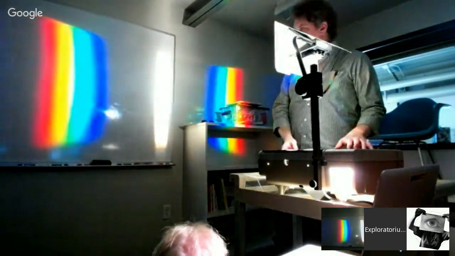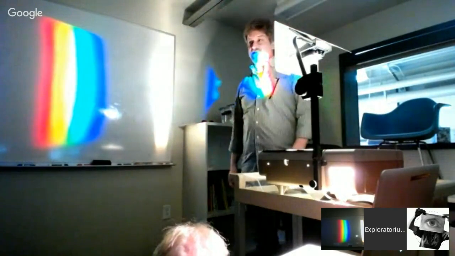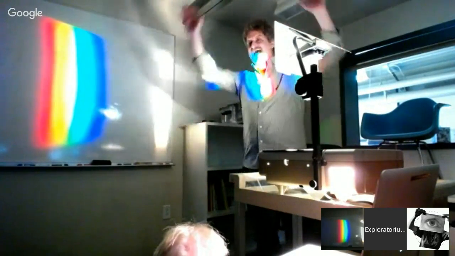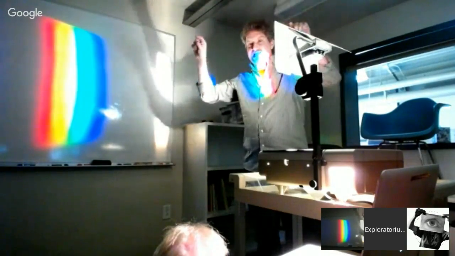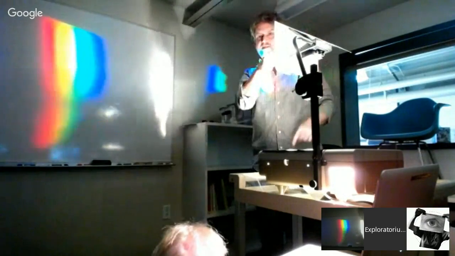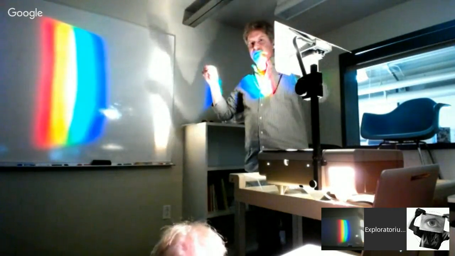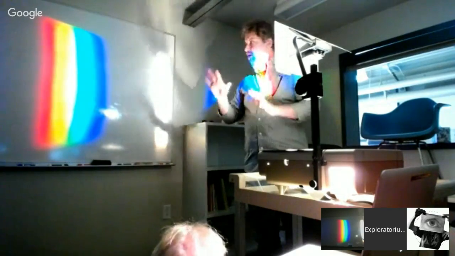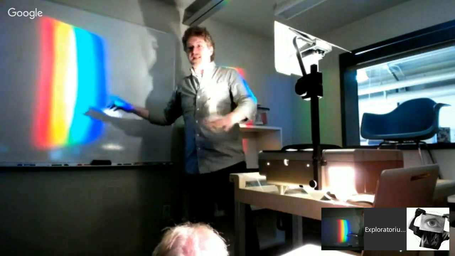And this actually explains what you want to do in your classroom if you want to make big rainbows on the floor like we had. So you want to black out an entire window, except for a small slit, and then in that slit you want to put the diffraction grating. And the narrower the slit you make, the more pure the colors will look in the spectrum, but they'll be dimmer.